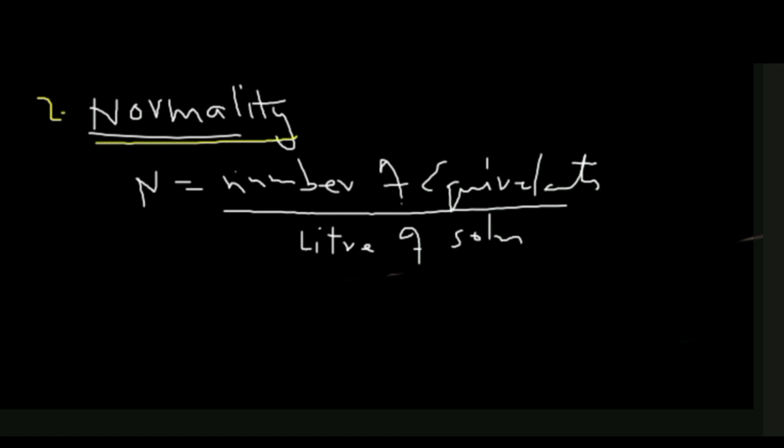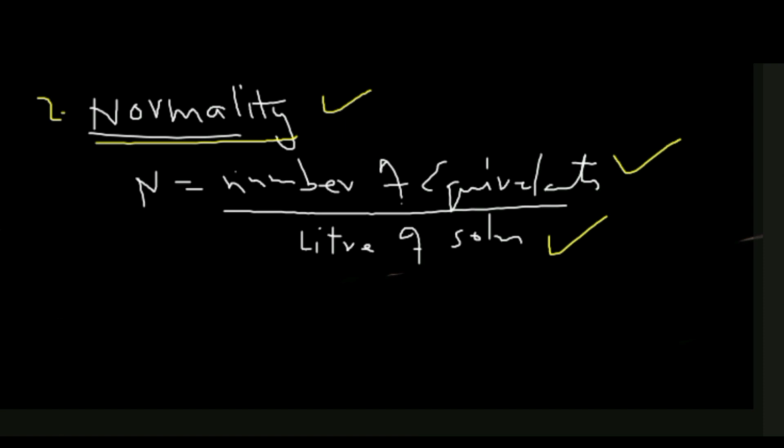Now we will discuss the second concentration unit, which is normality. Previously we have discussed molarity. Normality is the number of equivalents of solute per liter of solution.